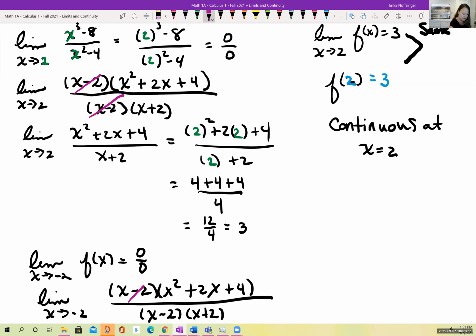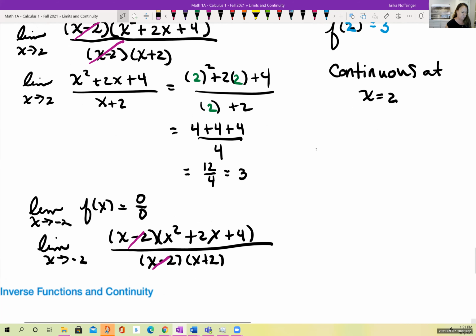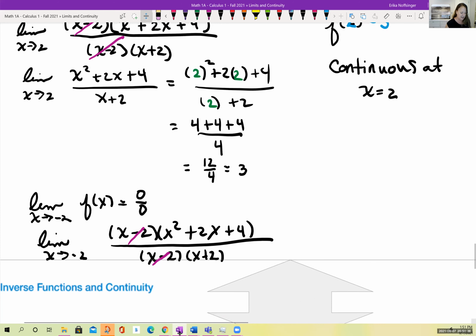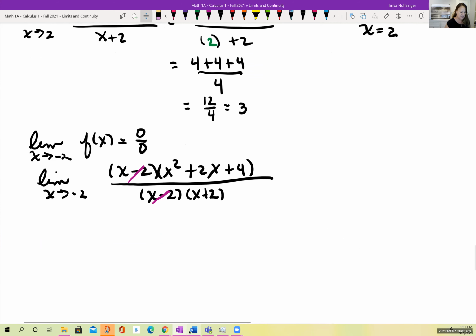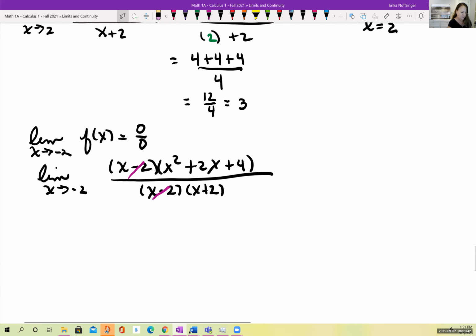Cancel like factors. And so when we do direct substitution, plug in -2 now wherever you see an x.